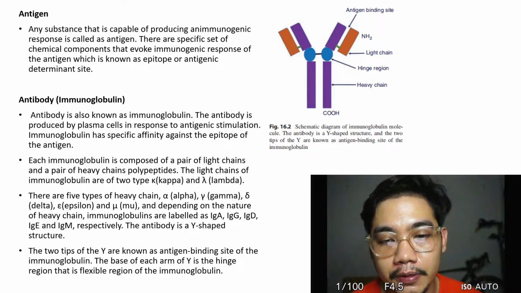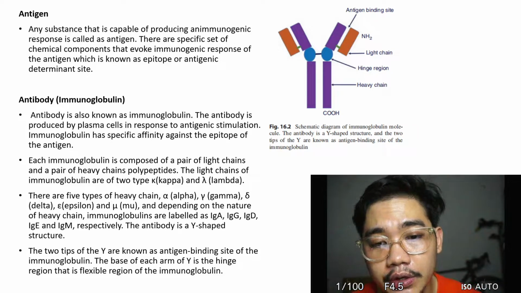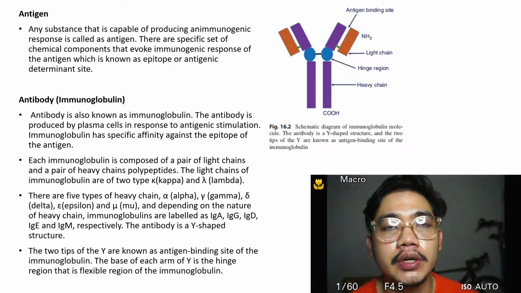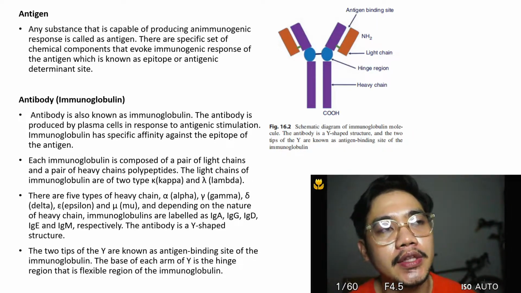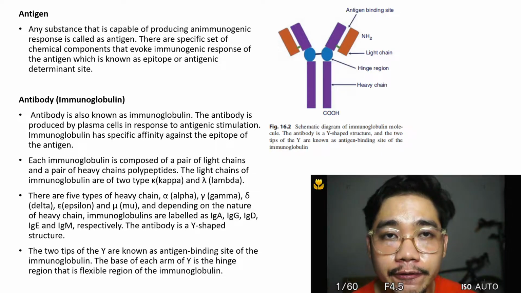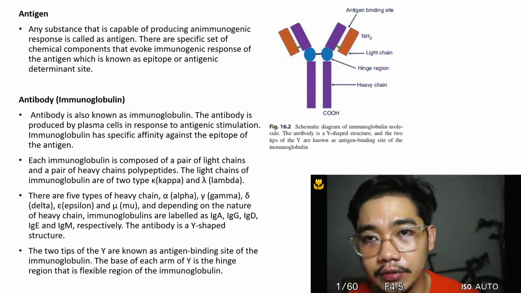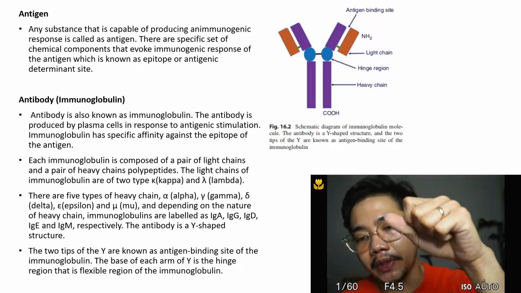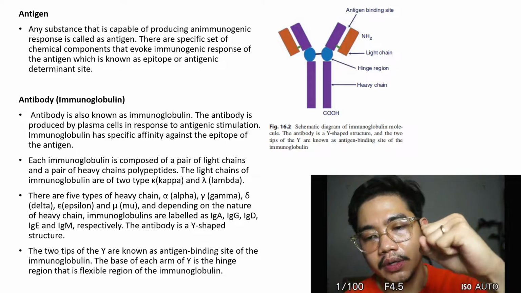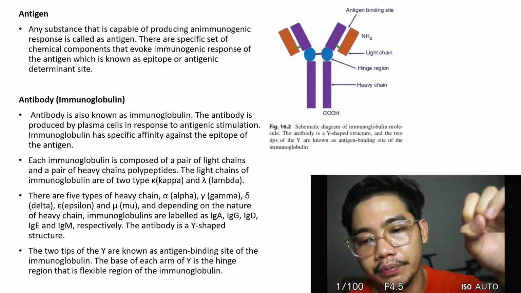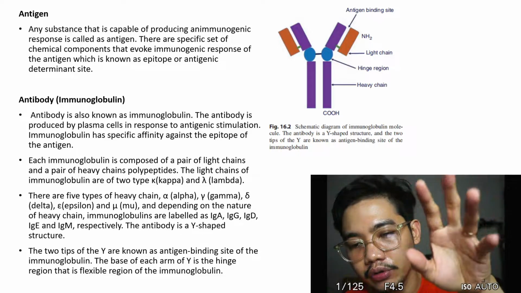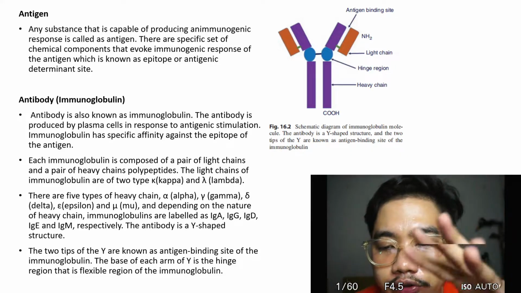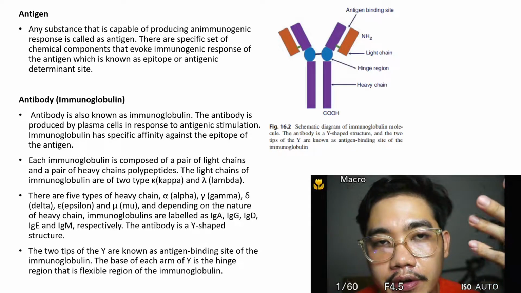So your IgG is the ideal antibody because, number one, it has a lot of functions. It can neutralize. Once it attaches to a pathogen, let's say this is COVID, corona, and my fingers are the receptors of the coronavirus.